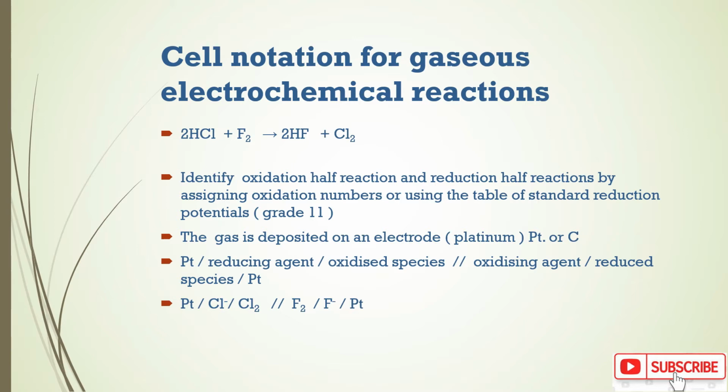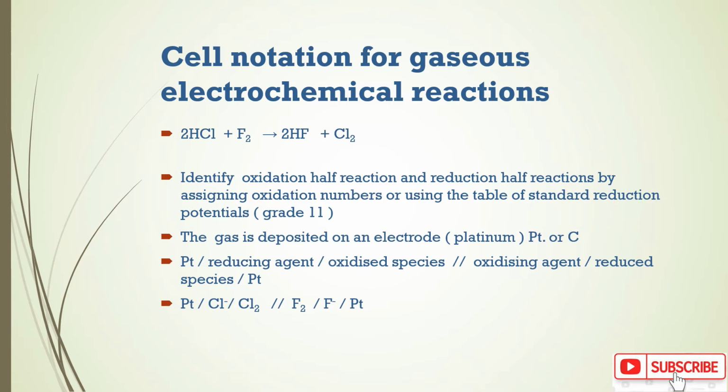So we have platinum, then that diagonal line, the reducing agent, then diagonal line, oxidized species. Then we have the salt bridge, which is indicated by 2 vertical parallel lines. Then we have the oxidizing agent, diagonal line, reduced species, diagonal line, platinum.